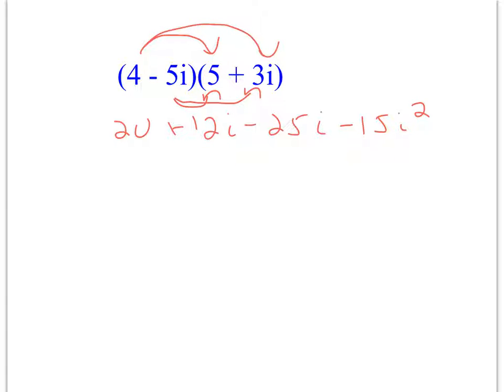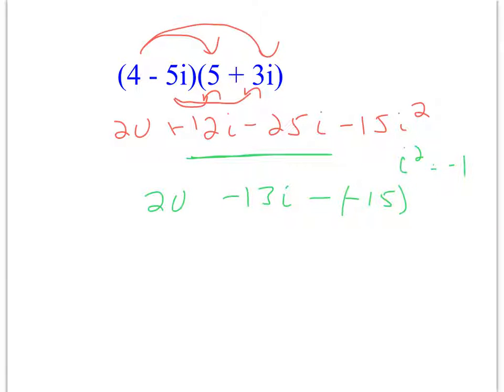Let's combine our like terms. We'll do that in green. 12i minus 25i is negative 13i. I still have a 20 out front. And now over here I have negative 15i squared. i squared, of course, is equal to negative 1. So I have minus a negative 15.